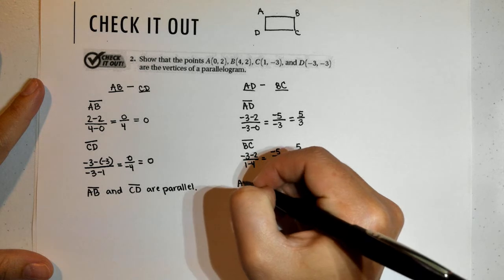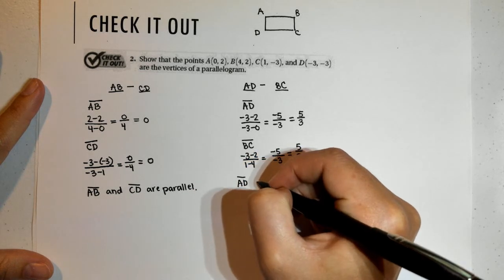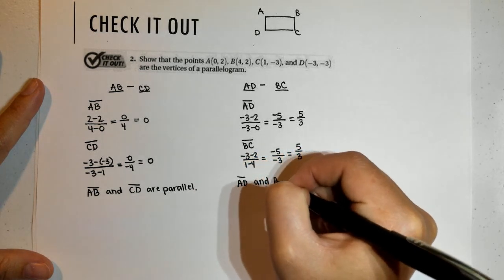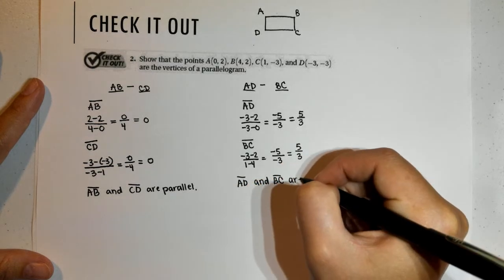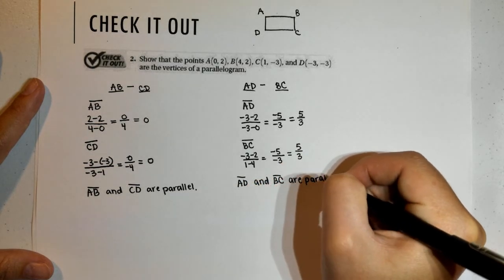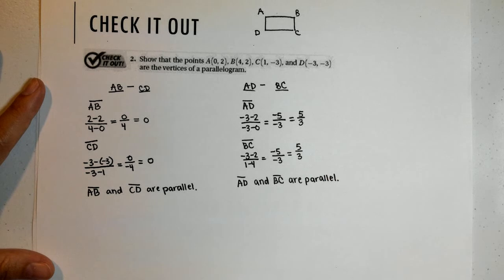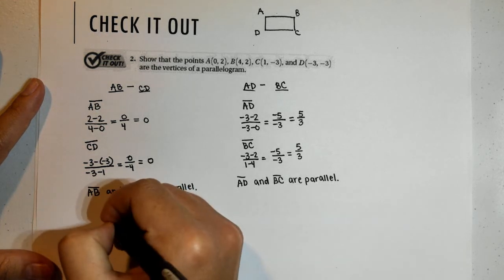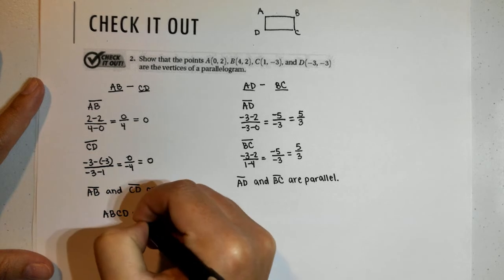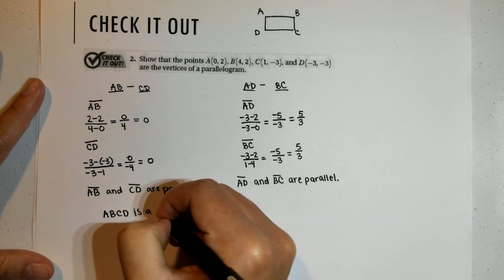So that means line AD and line BC are parallel. So since we have two sets of opposite sides that are parallel, this means the shape ABCD is a parallelogram.